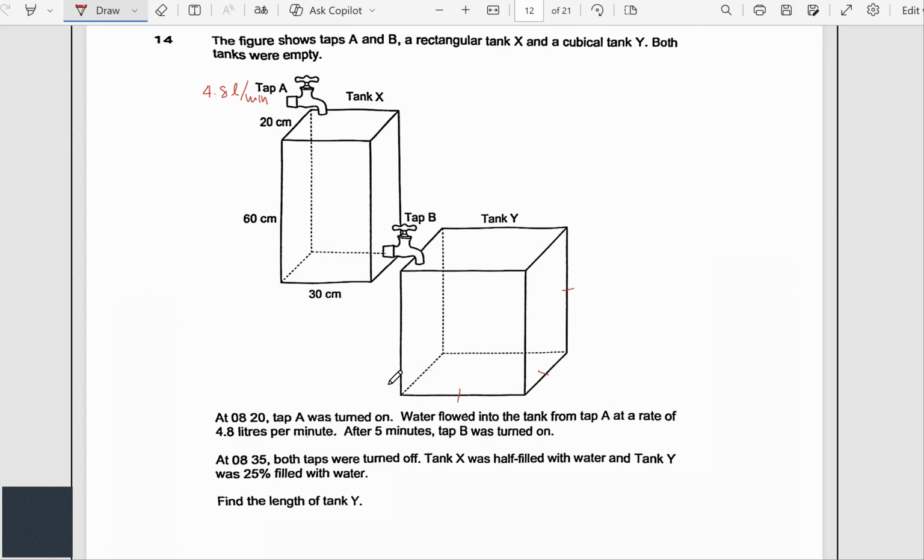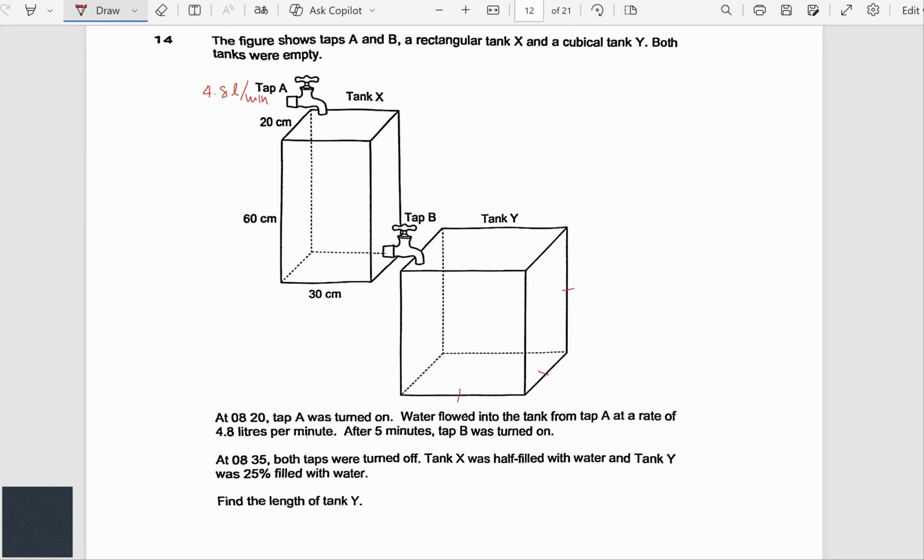All right, what we do know first is that tab A flowed for how many minutes? Okay, so 8:20, right? Then it flowed for 5 minutes first, and then it continued flowing until 8:35. So effectively, from 8:20 to 8:35 is 15 minutes.